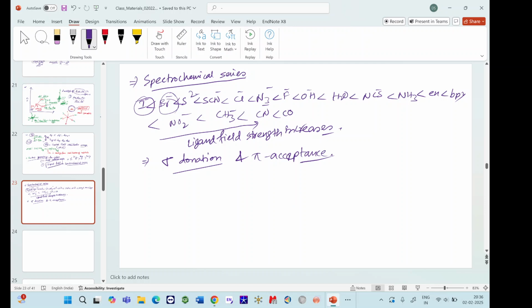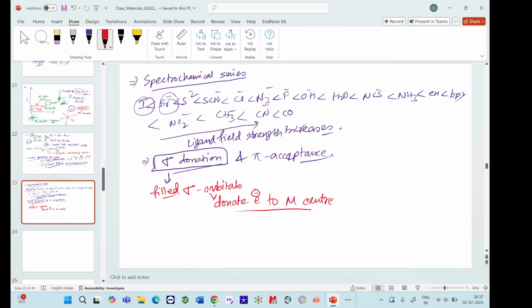So you can see at the extreme left, all are halogens or halides. These can do only sigma donation. They have filled sigma orbitals that can donate electrons to the metal center. Compared to this, at the extreme right edge, you have pi acceptor ligands, such as cyanide or carbonyl.